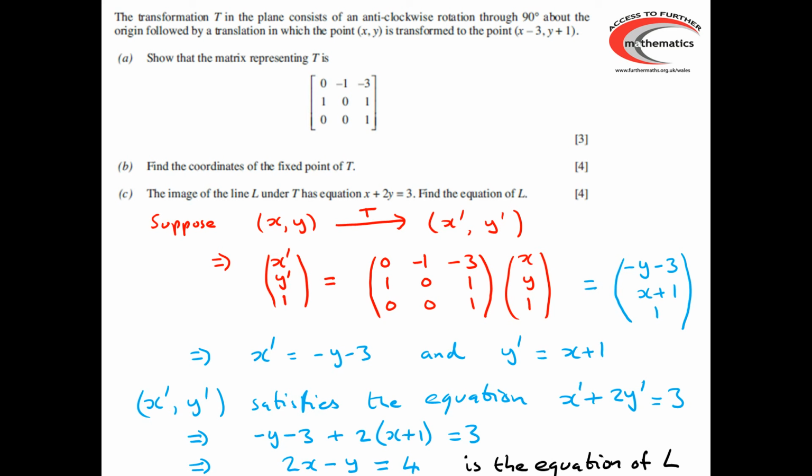For part B, finding the fixed point, we need to establish the pair of simultaneous equations, which gave us the first 2 marks, and solve them for the final 2 marks. And then for part C, we need to establish the formula for x dash and y dash for the first 2 marks, and then make use of the fact that x dash plus 2y dash equals 3 to obtain the equation of L for the final 2 marks.